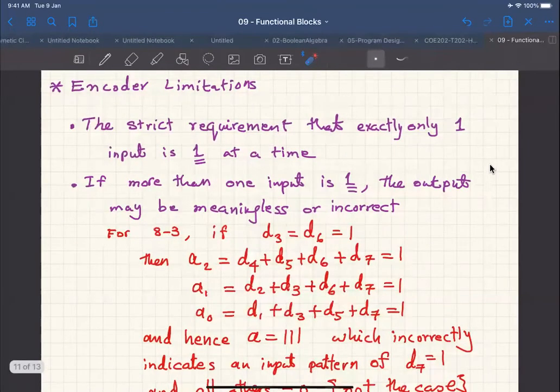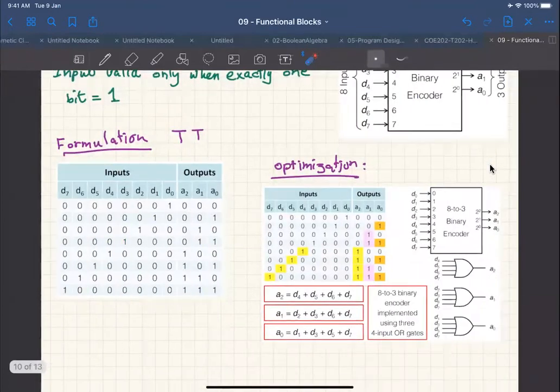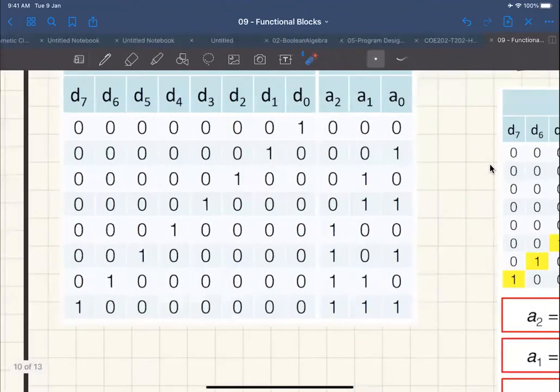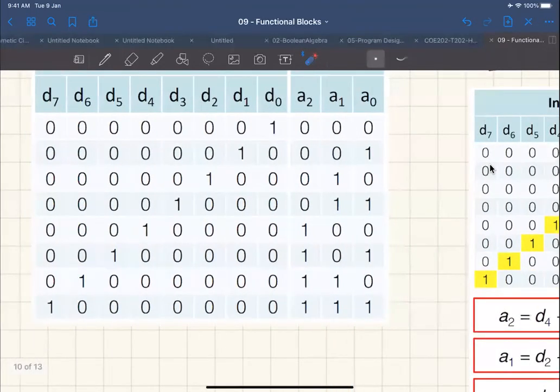let us suppose that D3 and D6 are 1. Just plug in the formulas here, and then you'll notice that A2, A1, A0 are 1, 1, 1. And from this, 1, 1, 1 means what? From the table, it means that D7 is 1.